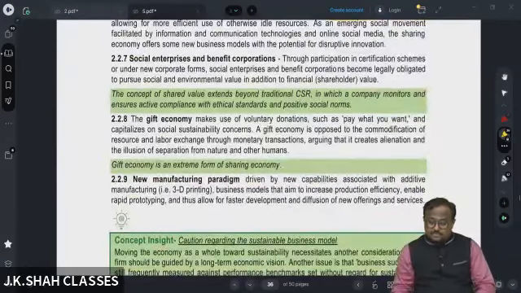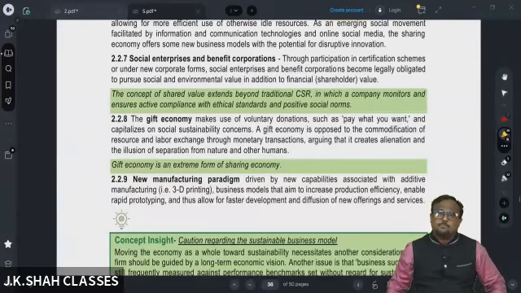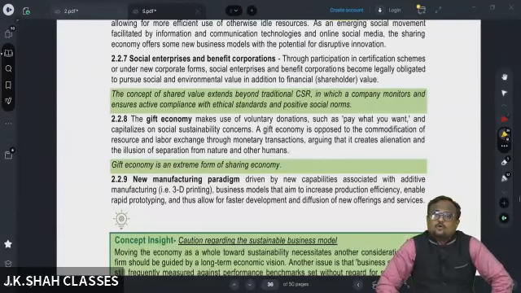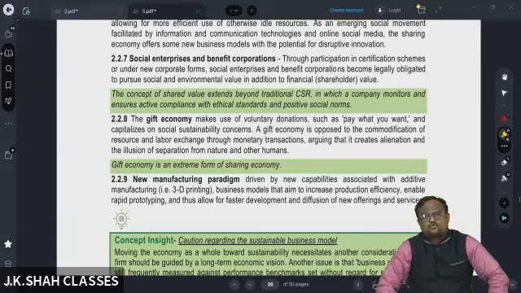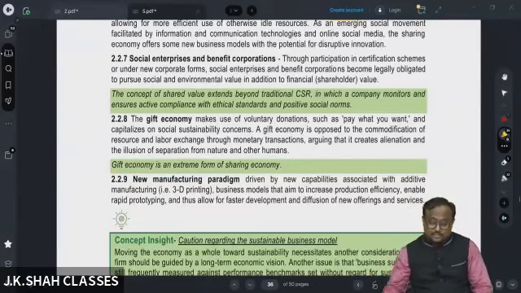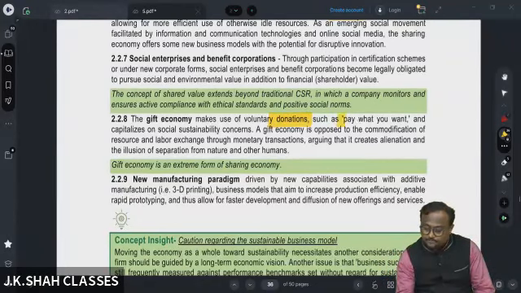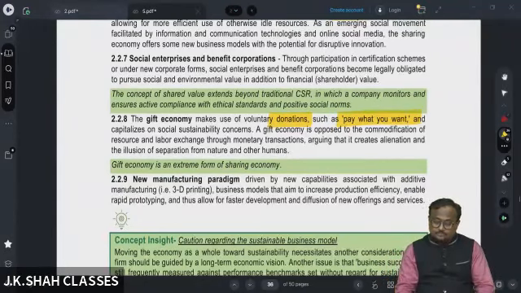Social enterprises and benefit corporations. It's like companies having all big builders, big brand names have their own schools. Gundecha, Hiranandani, Rustomjee, Oberoi, they have their own schools. So that is CSR. Gift economy makes us think of voluntary donations, pay what you want.